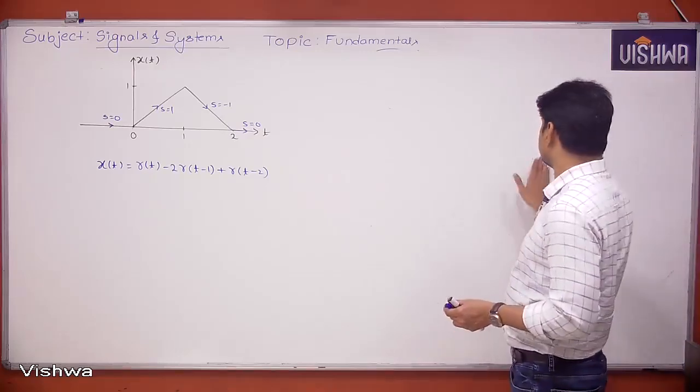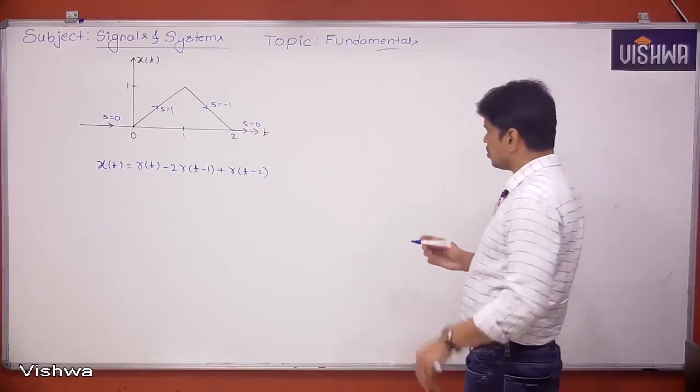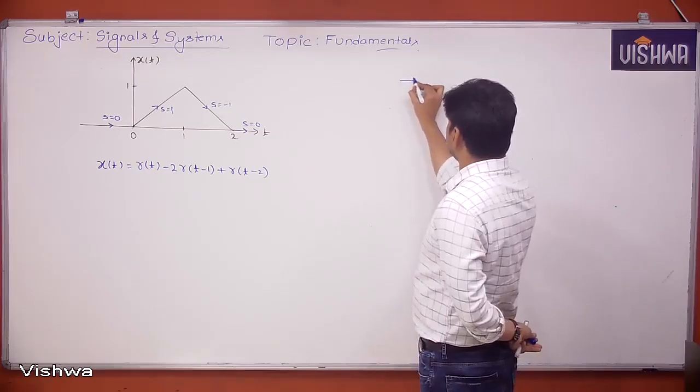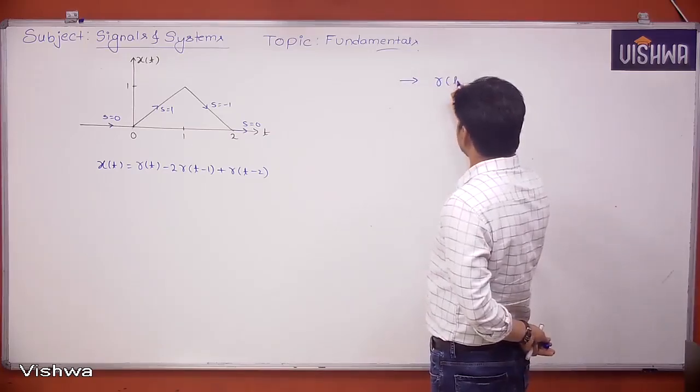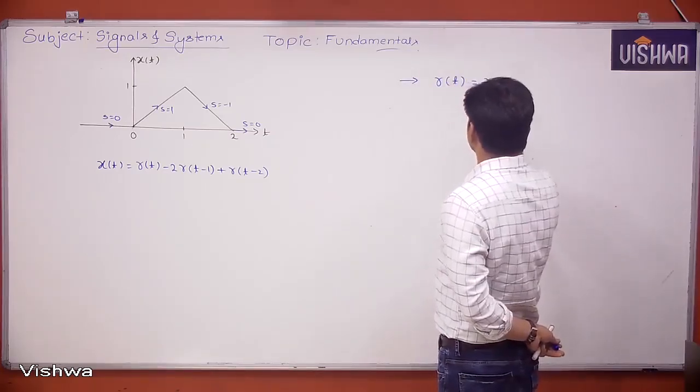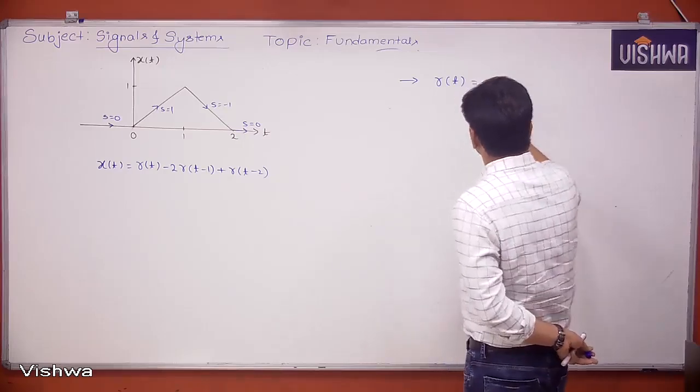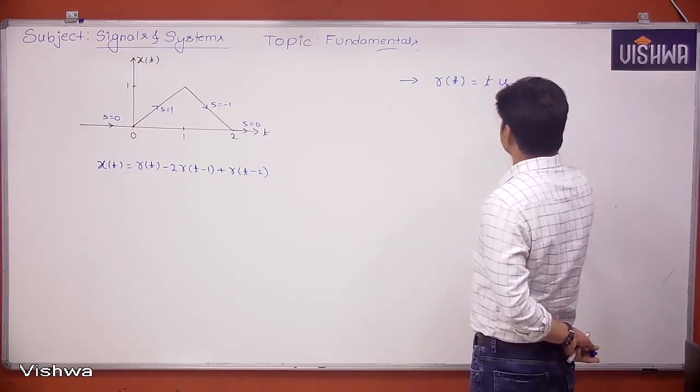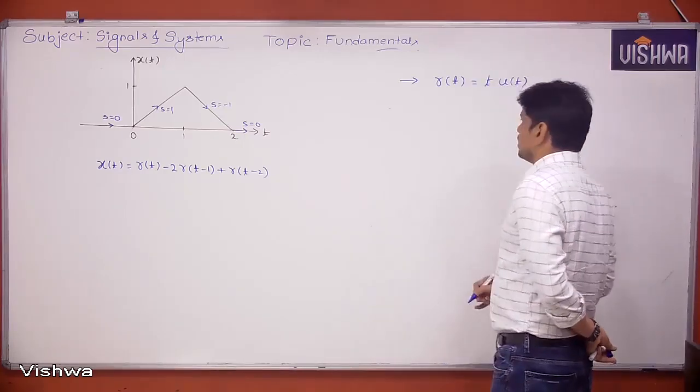Okay. We already know I can write r of t as t into u of t. This we have already seen.